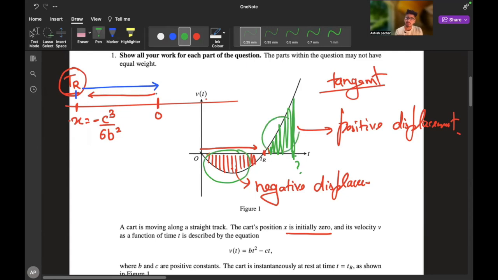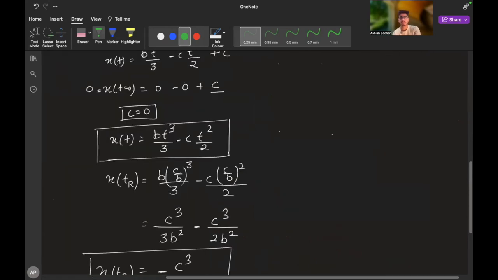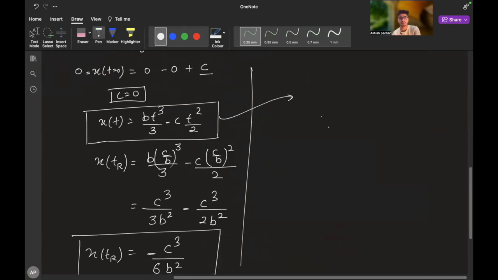Eventually it comes to the original position. So we have to find the time expression where the position becomes 0. You already have the position time function, so for the C part I'm writing this position function.